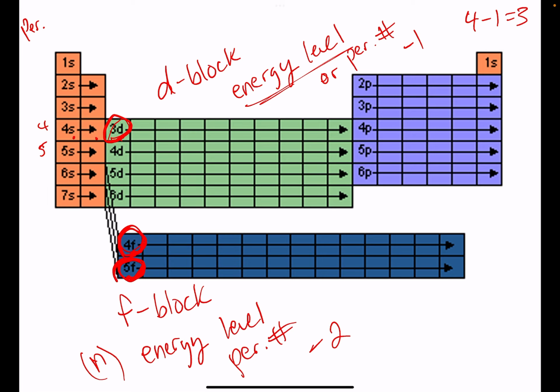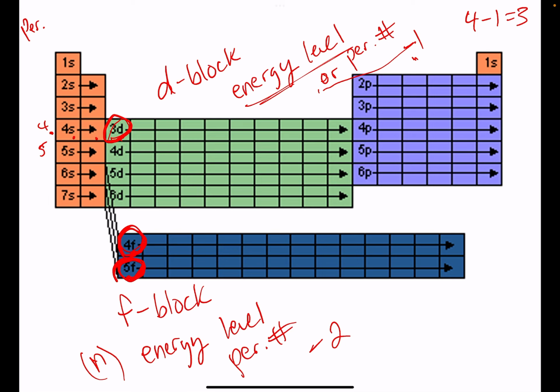All right? So you need to remember, after you get past 4S right here, you're going to come up on the D block, which is our transition metals in the middle here. Our rule for the D block is the period number minus 1. All right? So we have to know that that starts out 3D, not 4D, because this is period 4 minus 1.